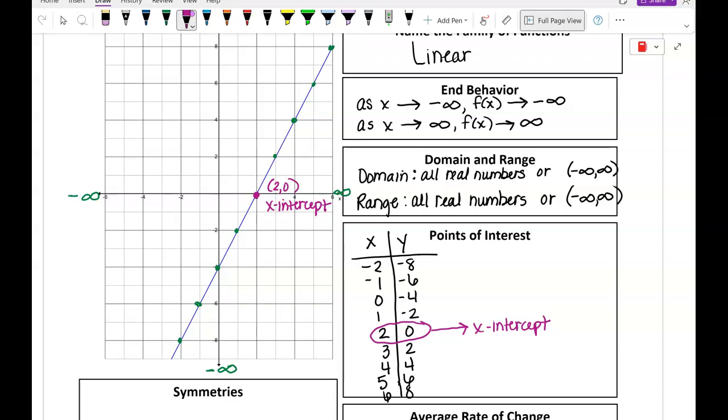And what about y-intercept? (0, -4), that's where I cross the y-axis. So I mark that. (0, -4) is my y-intercept.